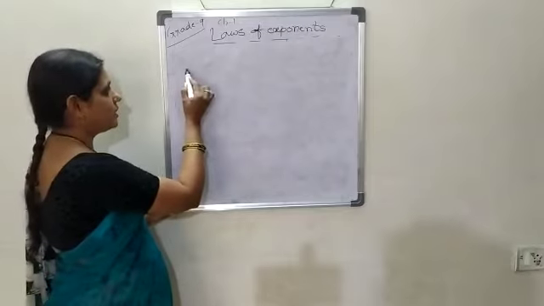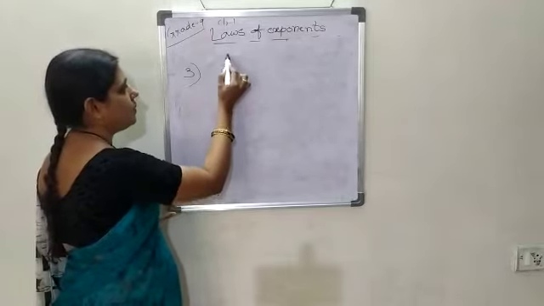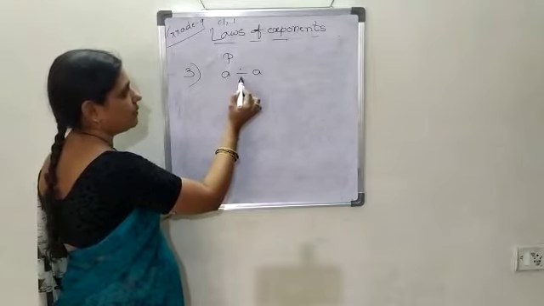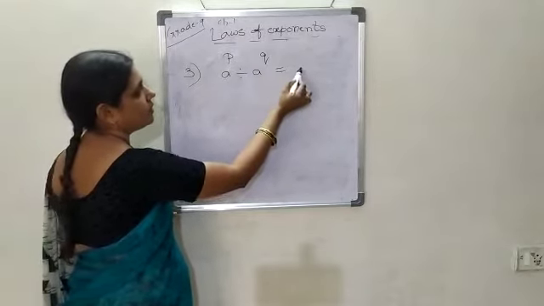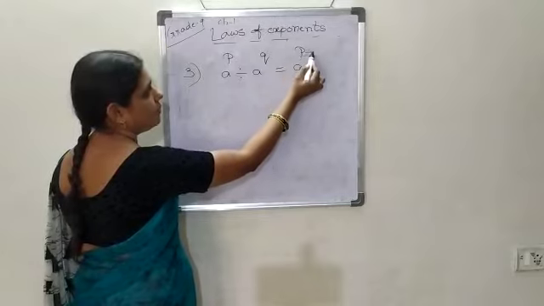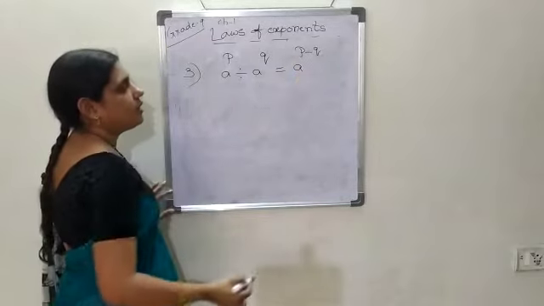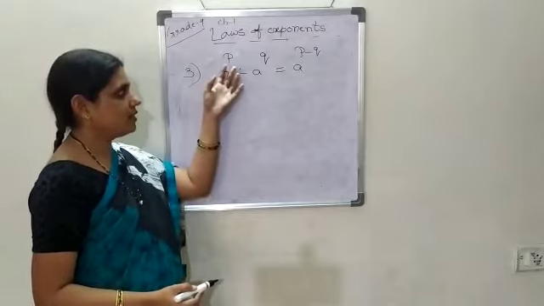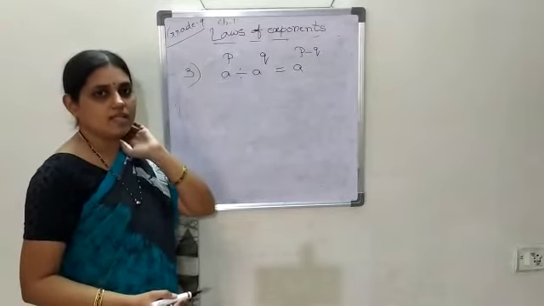Now coming to the third one, a power p divided by a power q equal to a power p minus q. So here the base is same and when it is divided, then exponents we have to subtract.